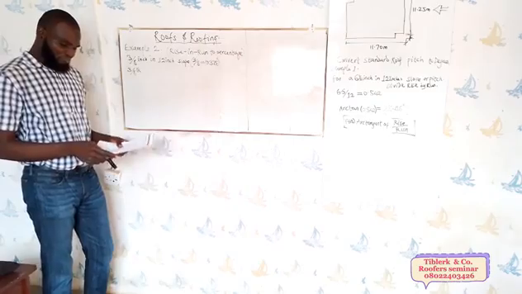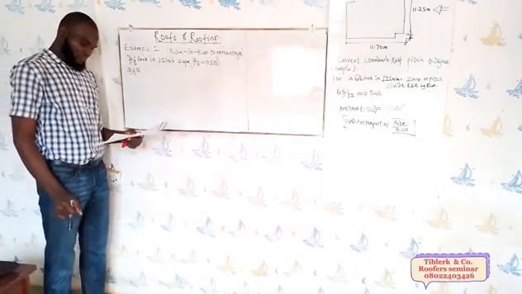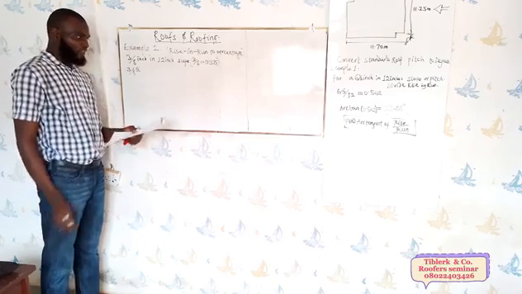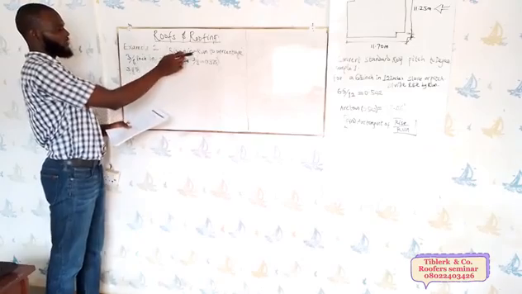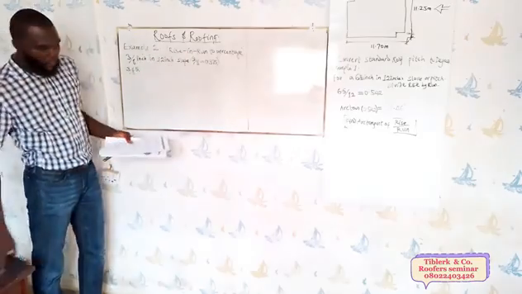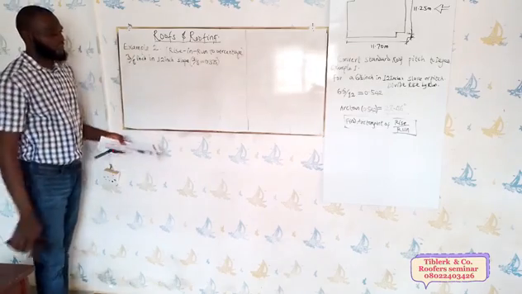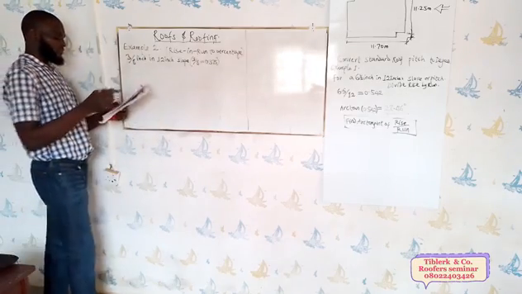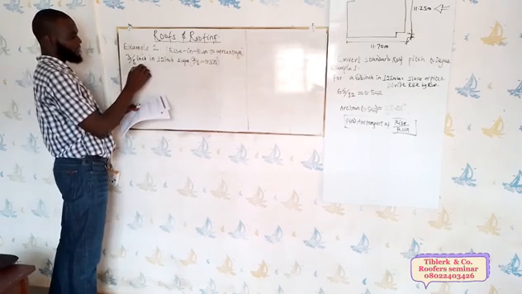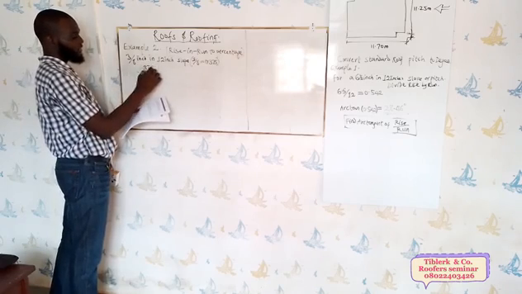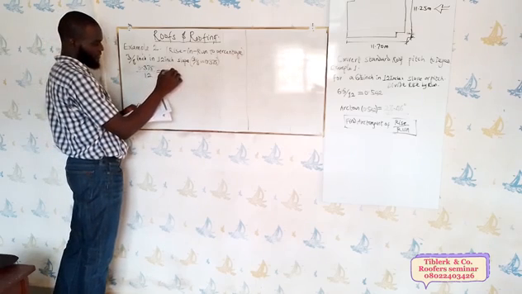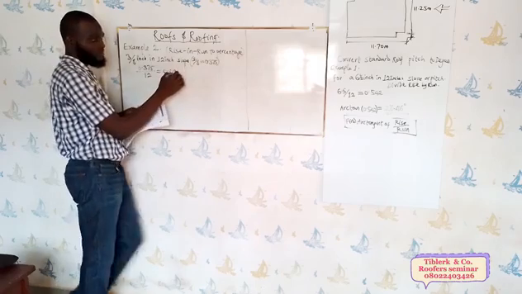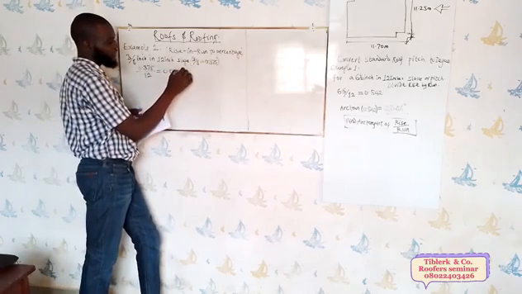Now, what we need to do is divide this 0.375 by the 12. That gives us 0.03125.